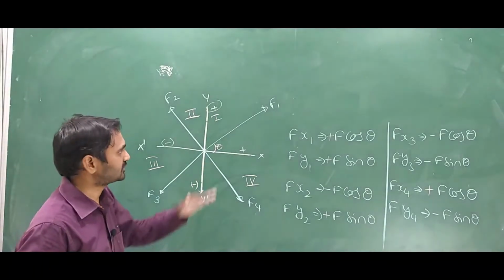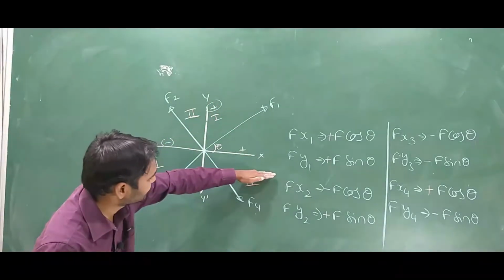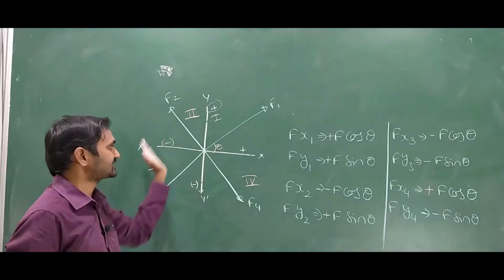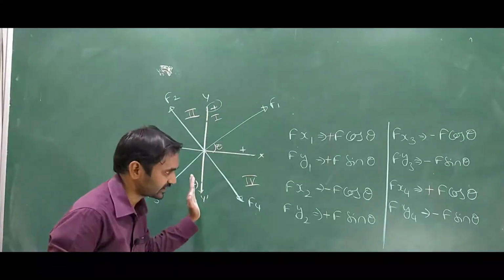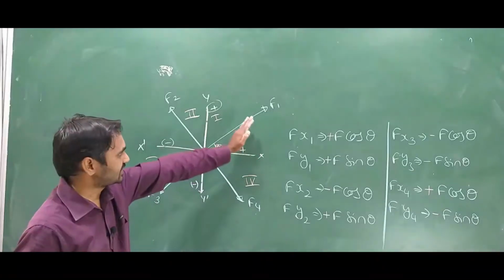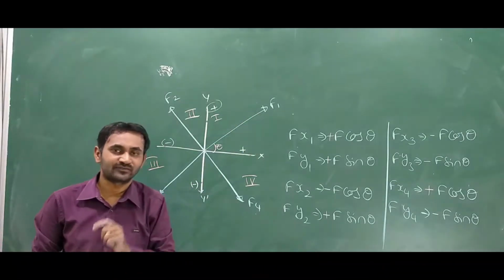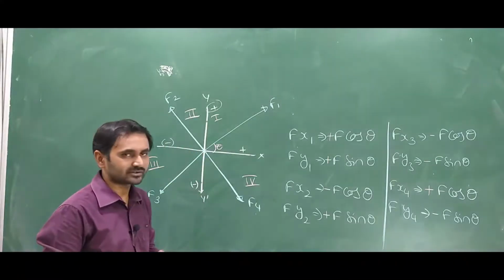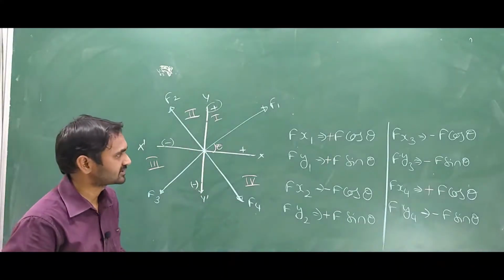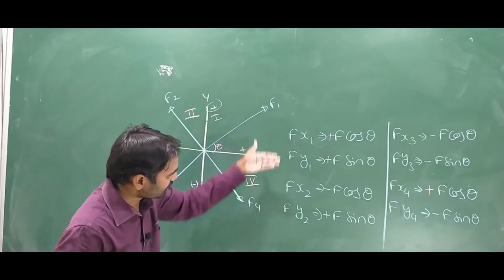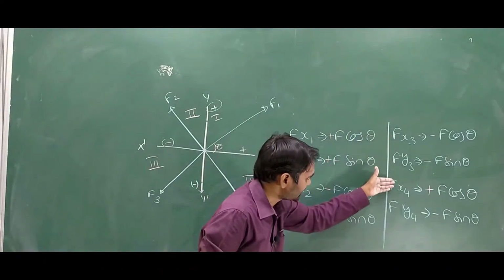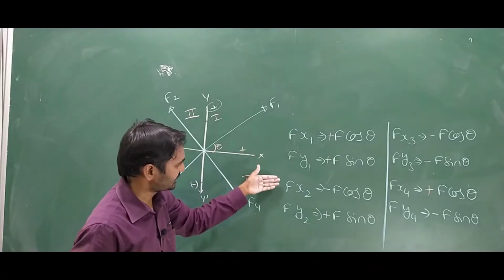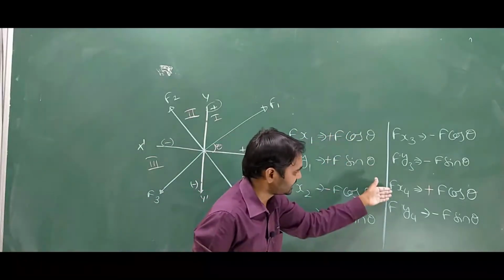Then you have to resolve the forces in x direction and y direction. Each and every force you have to resolve in two directions, one in x, the next in y. After resolving all the forces, you have to add all the x forces, Fx1, Fx2, Fx3, Fx4.